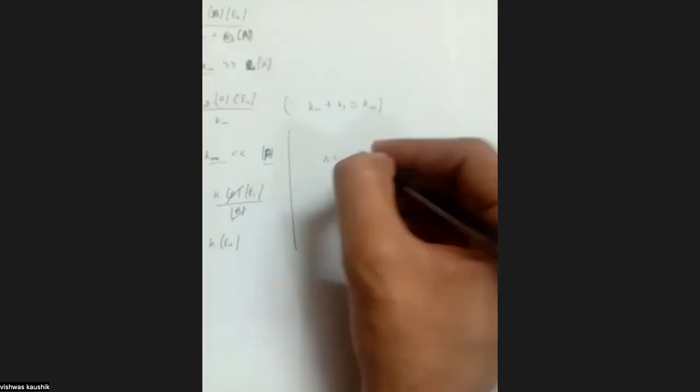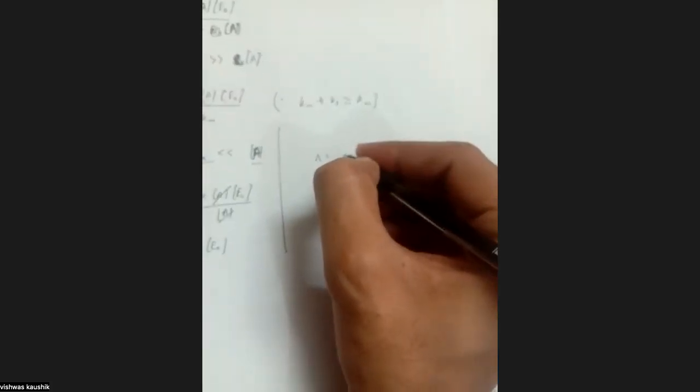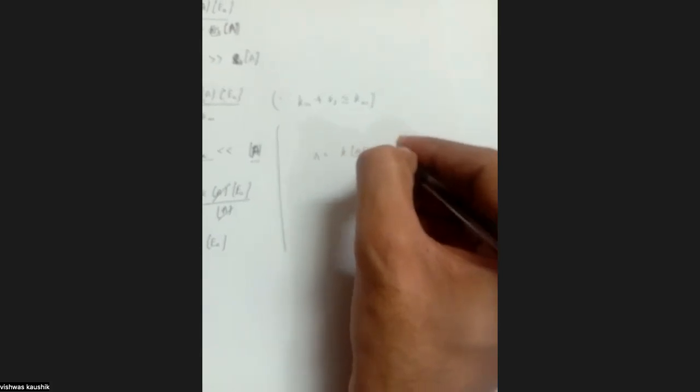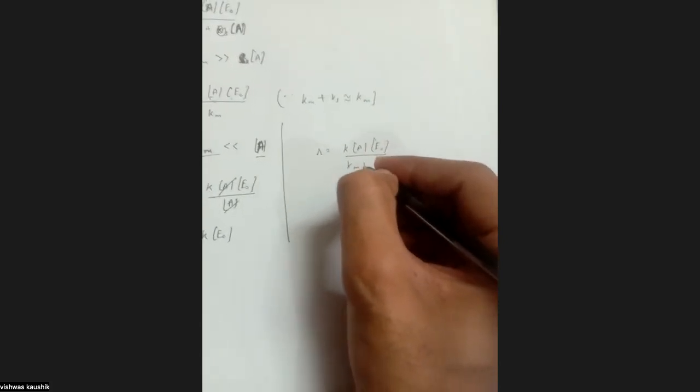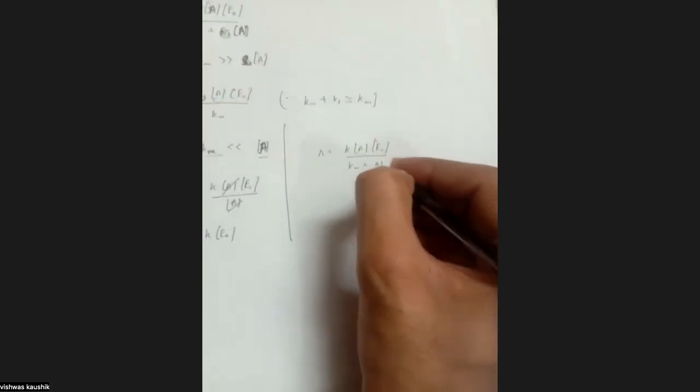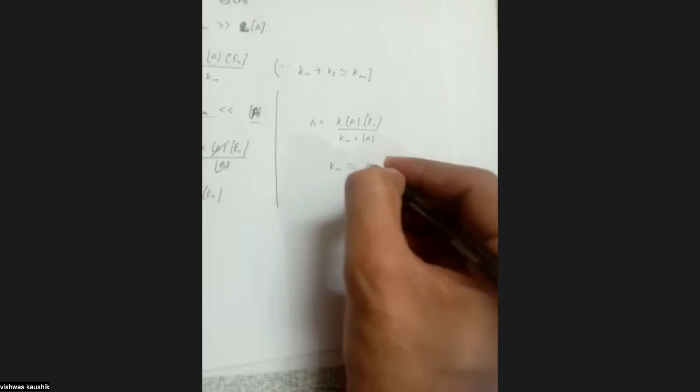So, sir, if Km is equal to A naught, as rate is given by K, A, E naught upon Km plus A, so if Km is approximately equal to concentration of A, rate will be K, A, E naught upon 2A, that is K, E naught upon 2.